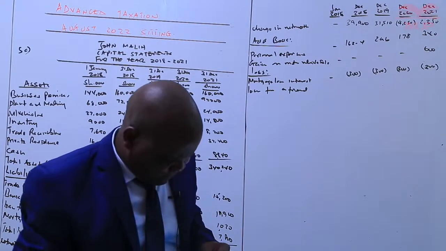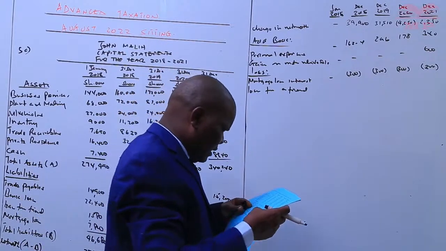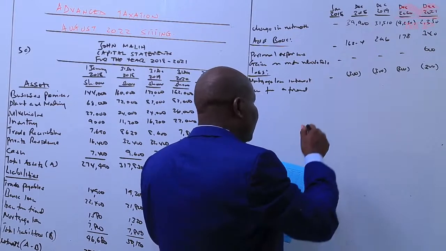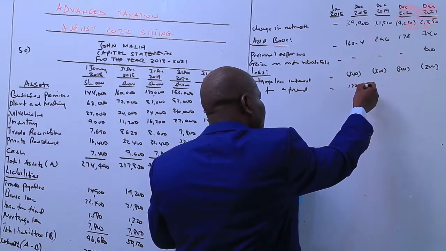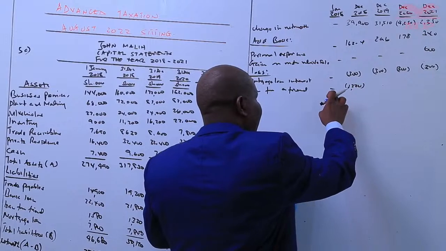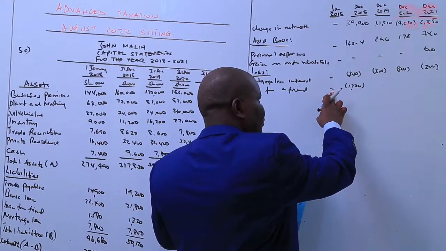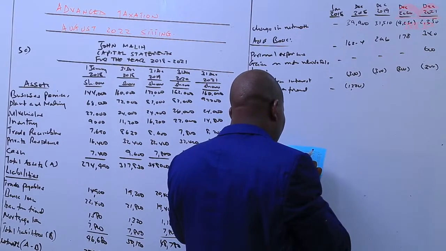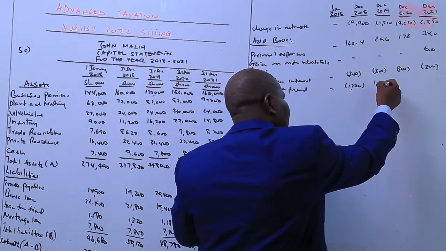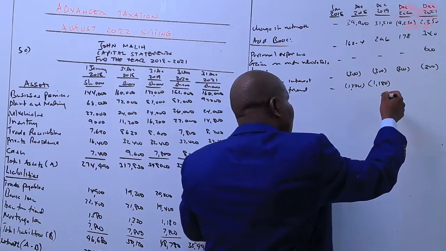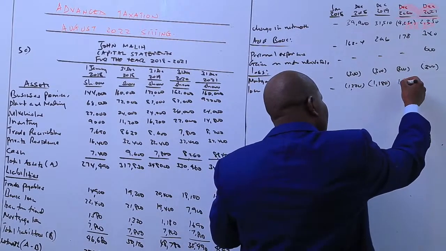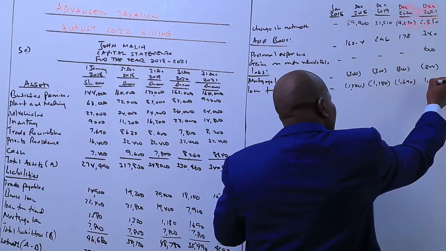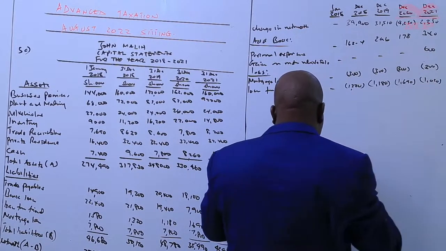Loan from a friend is 1580 in 2018 January, but 1320 here. If you're keen, I'm ignoring January 2018 because we are not using it anymore. 2019, 1180. 2020, 1690. And 2021 is 1020.